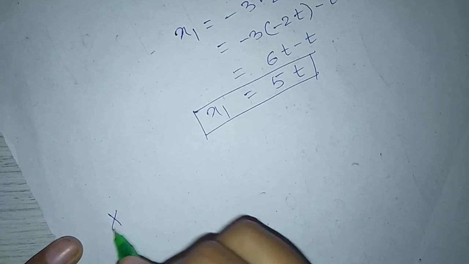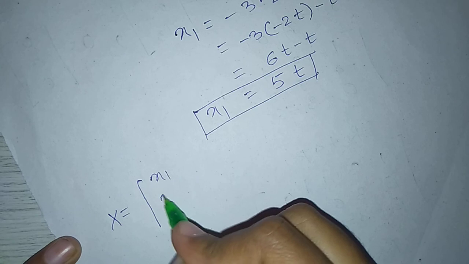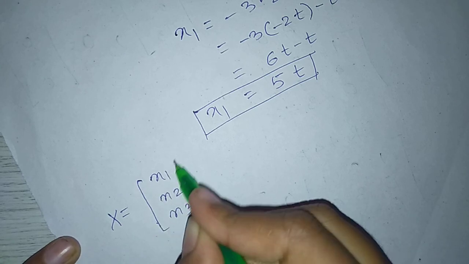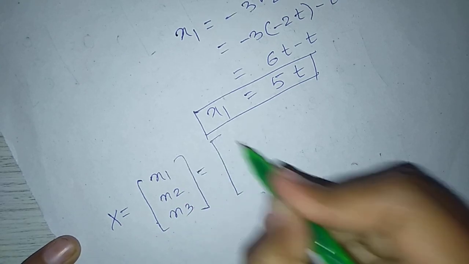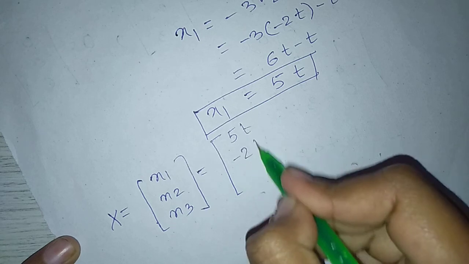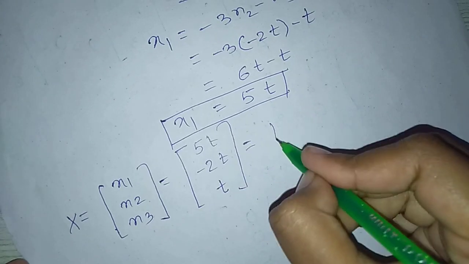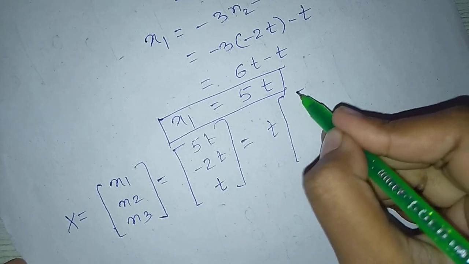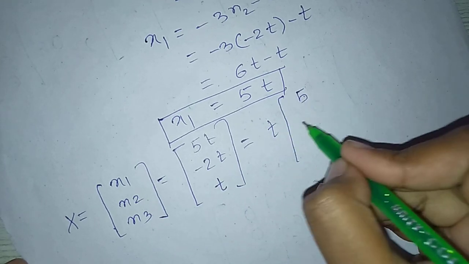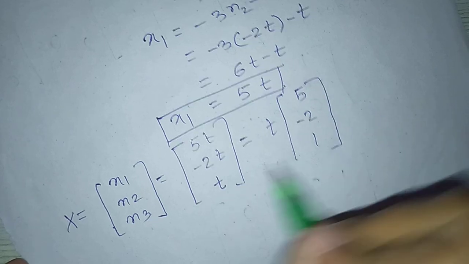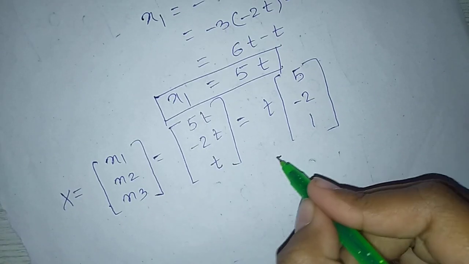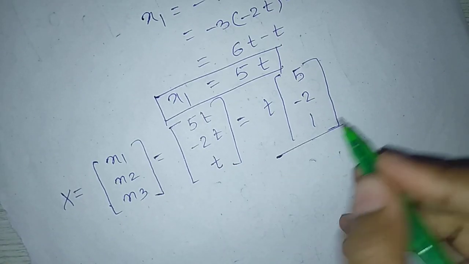So the solution vector x equal to x1, x2, x3, which is 5t, minus 2t, t. Take t as common. The remaining terms are 5, minus 2, 1. So this is the parametric vector form.